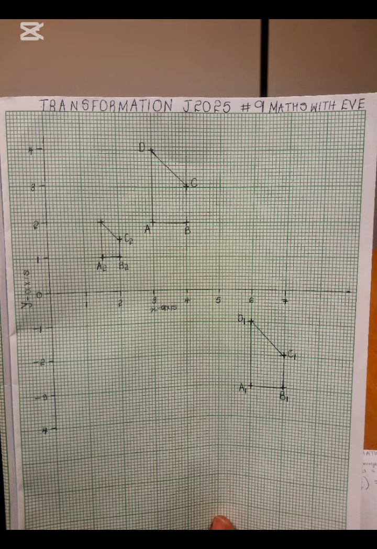After that, we join all the 4 points to come up with the quadrilateral A2, B2, C2, D2. Then in part c, we are required to describe fully the single transformation that maps quadrilateral ABCD onto A2, B2, C2, D2.